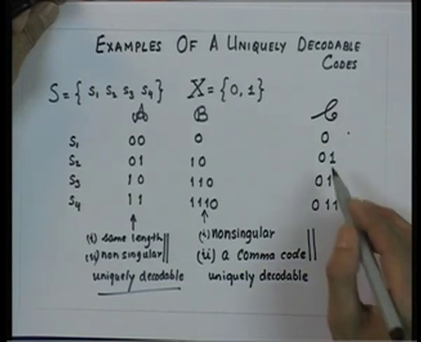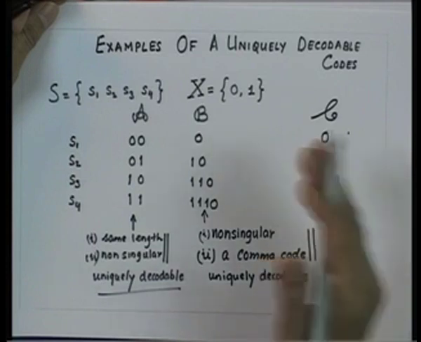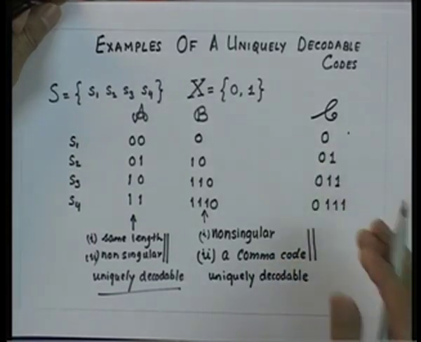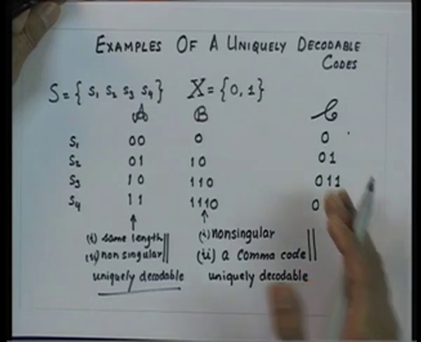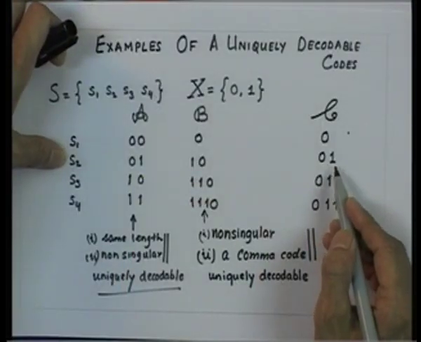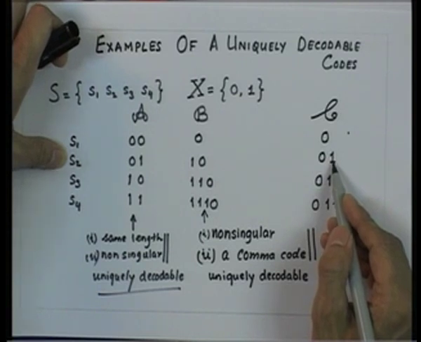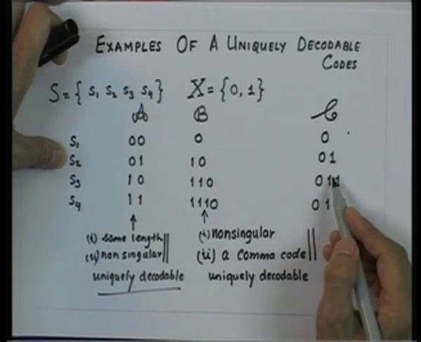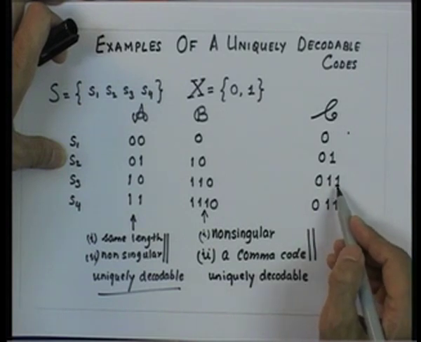For an example, let us say I have received some sequence of code symbols and I start scanning, and the first two symbols which I receive are 0, 1. Now, at the time instant when I receive 1, I cannot decode it as S2. At that time, I have to wait and find out what is the next code symbol.